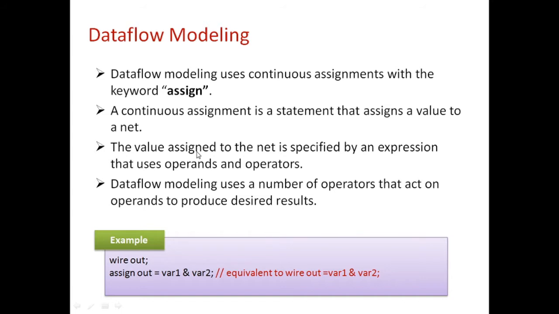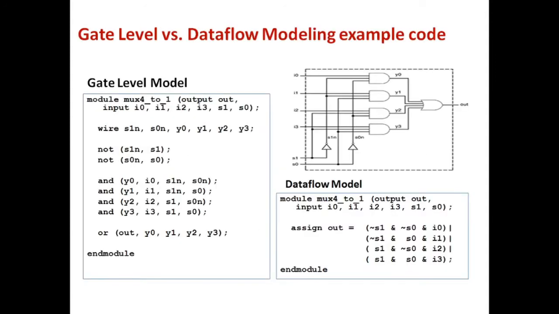Data flow modeling uses many operators that act on operands to produce the desired result. What is the result I require here? I want an AND result. That means two signals are sent as inputs to my AND gate, and the output will be OUT.